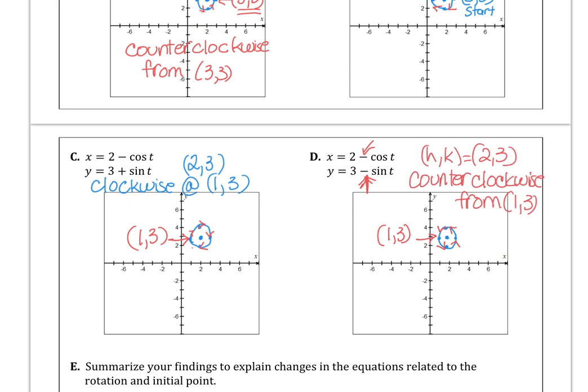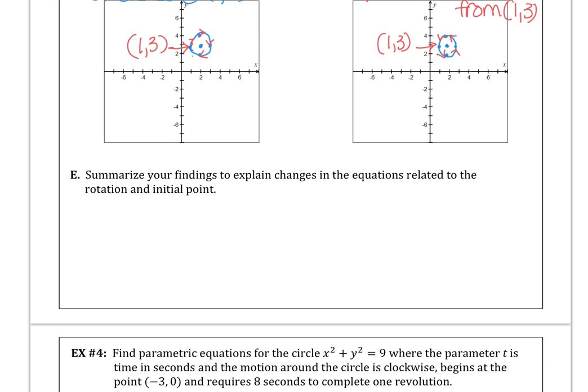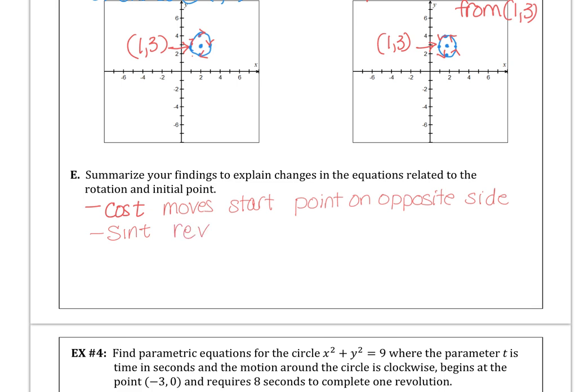Can you summarize what you just found? If you picked up on what I was saying, negative cosine moves our start point to the opposite side of the curve. And what does negative sine do? That reverses the order. And what did having two negatives do? Both negative.